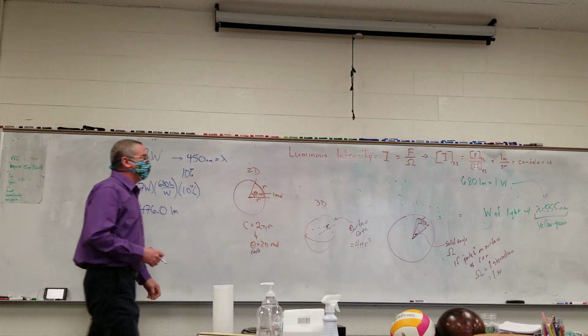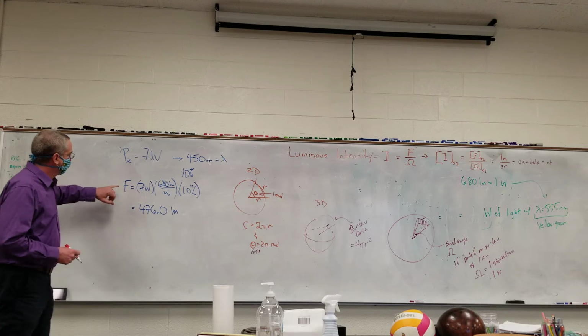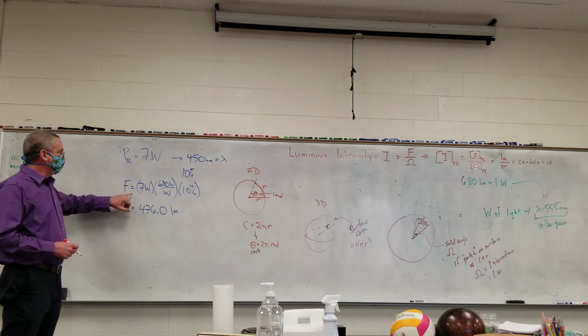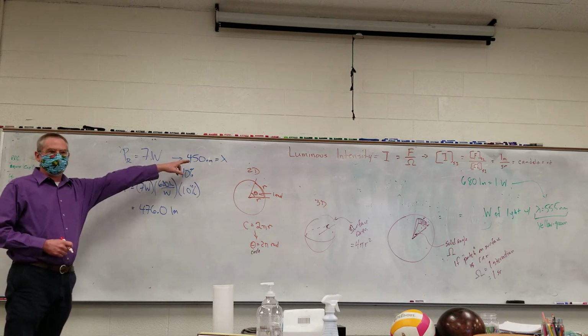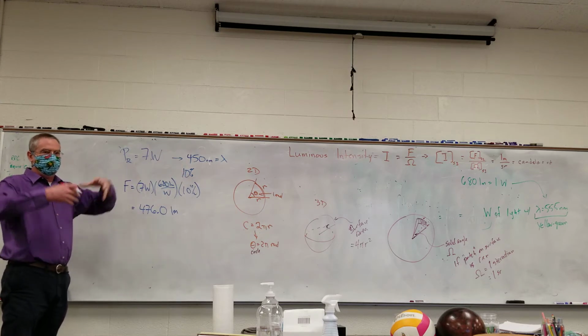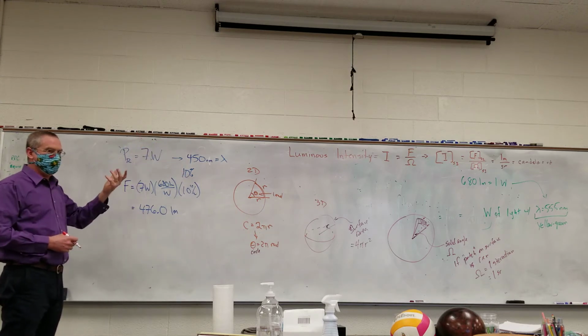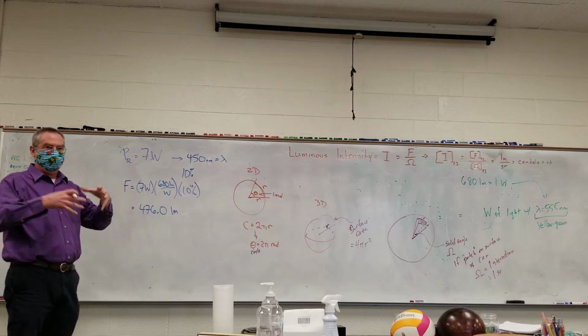So if I've got this bulb over here that is producing light specifically at that wavelength, producing it in all directions, I can figure out the luminous intensity of the entire bulb.